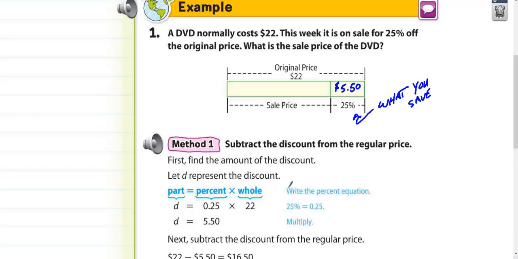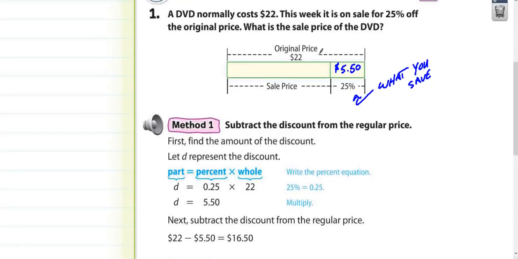How much is the rest of it? Well, the rest of it is that $22 take away the $5.50, you would pay $16.50. That's the sale price. Discount is what you save. Sale price is what you pay.